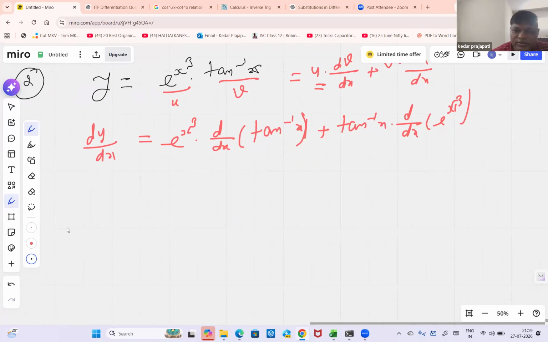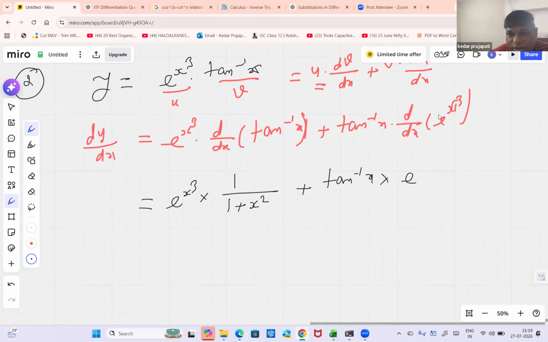Now we'll solve slowly. What is this? This is outside. Nothing will change here. d by dx of tan inverse x is 1 by 1 plus x square, plus tan inverse x. Now d by dx of e to power x is e to power x, so this will be e to power x cube. Then we have to differentiate d by dx of x cube.